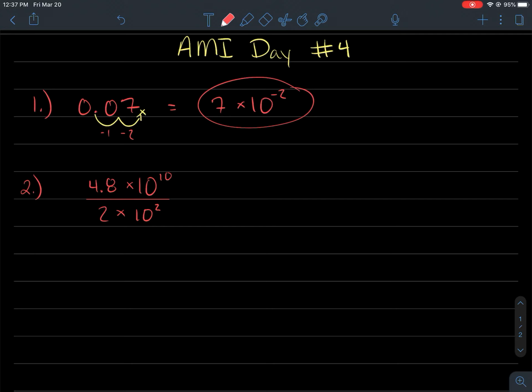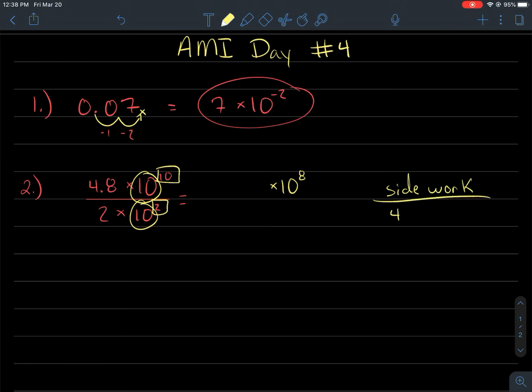For some of you, hopefully you remember the laws of exponents. If we have the same base, we can take their exponents and subtract them because it's division. So let's take care of that part. We know that we're going to have at least times 10 to the power of 8, because 10 minus 2 is 8. Now we just need to do a little bit of side work.